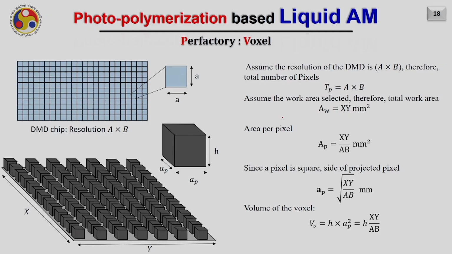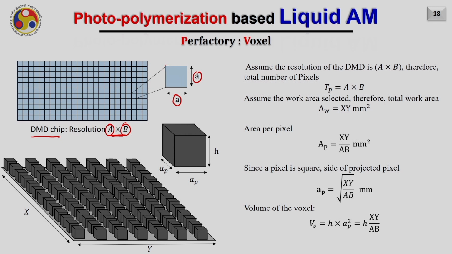Now let us discuss voxel curing. So assume that this is your DMD chip and it has a resolution of A cross B. A cross B means there are A number of mirrors along the x-axis and B number of mirrors along the y-axis. Each mirror is of a square shape with a side of a.